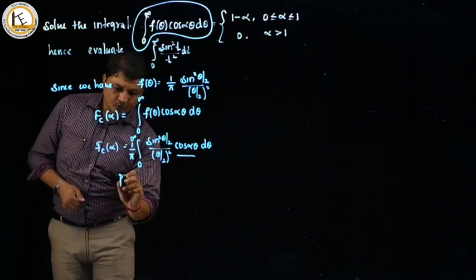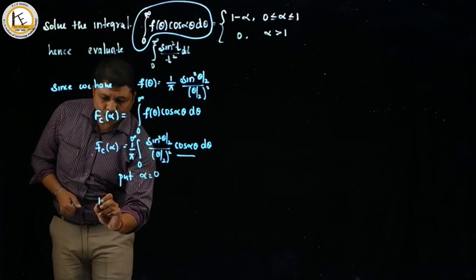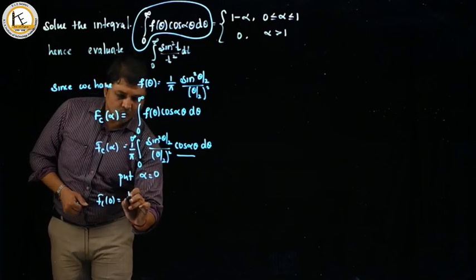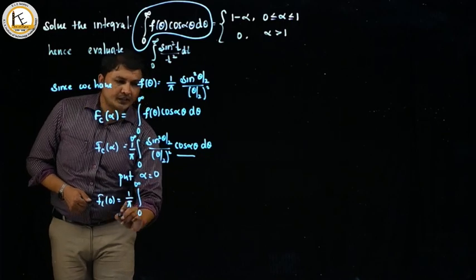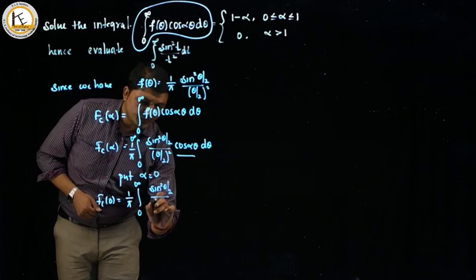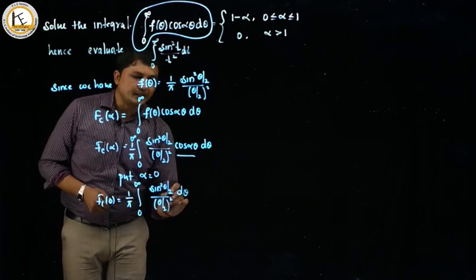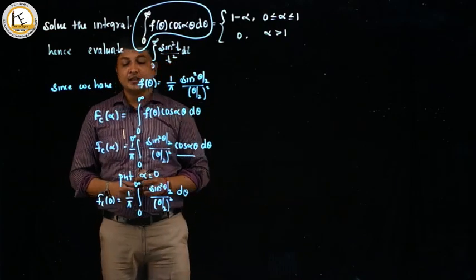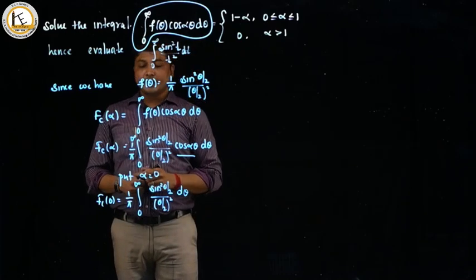To make that cos 1, put alpha equal to 0, and we have fc of 0 is equal to 1 upon pi integral 0 to infinity sine square theta by 2 divided by theta by 2 the whole square with respect to theta. As we put alpha equal to 0 here, it becomes cos 0, and cos 0 will be 1. And now we need to get the integral sine square t by t square.